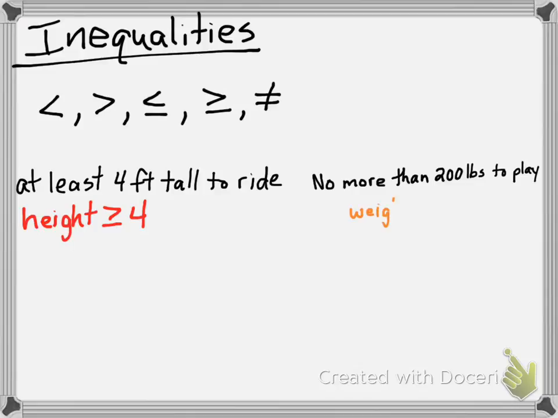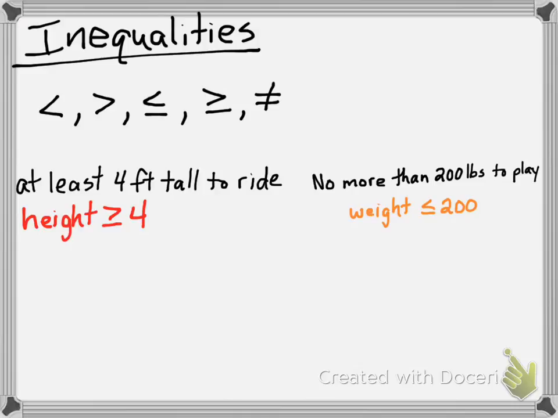That would mean that your weight would have to be less than or equal to 200, because no more than means it could be the same or it could be less. Okay, these are two generic examples of when you might come across inequalities in the real world. Anytime there's a range of things you can have instead of just one, you end up with inequalities.